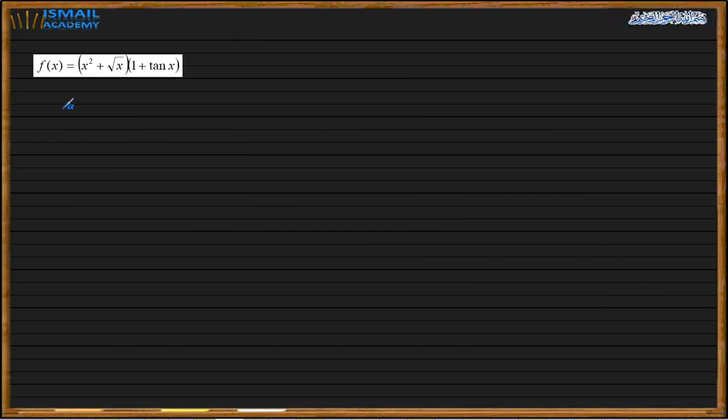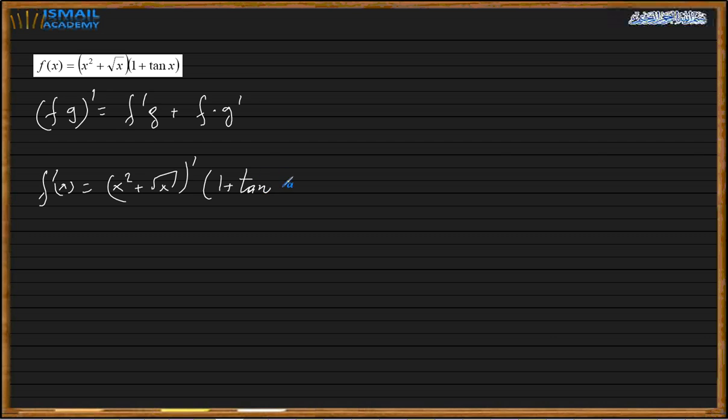Next, I need to do the derivative of this one. You see this is the product rule, so I know that the derivative of f times g is f prime g plus f times g prime. So f prime will be (x squared plus square root of x) prime times (1 plus tangent of x), plus (x squared plus square root of x) times (1 plus tangent of x) prime.